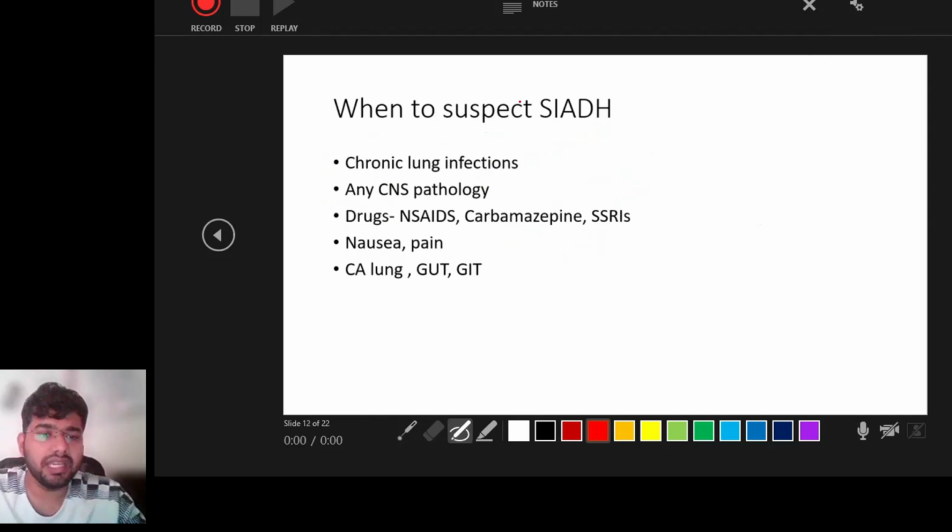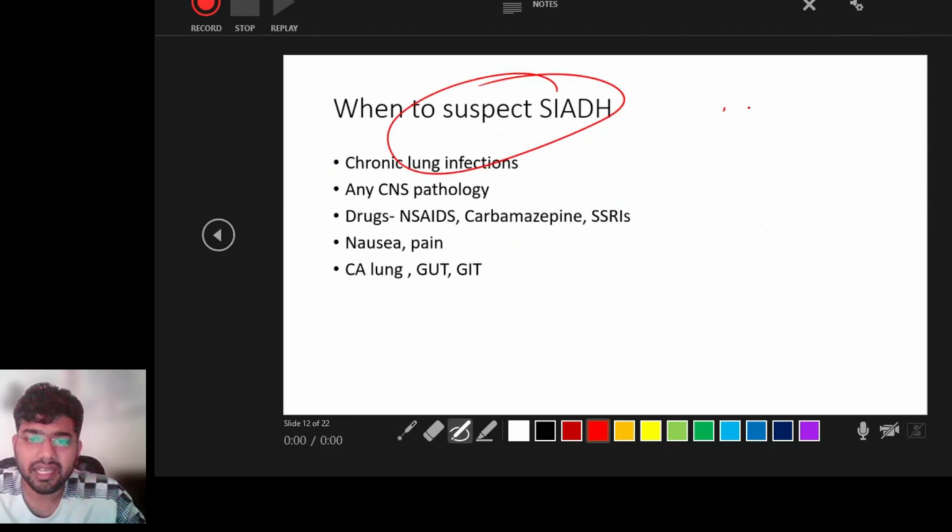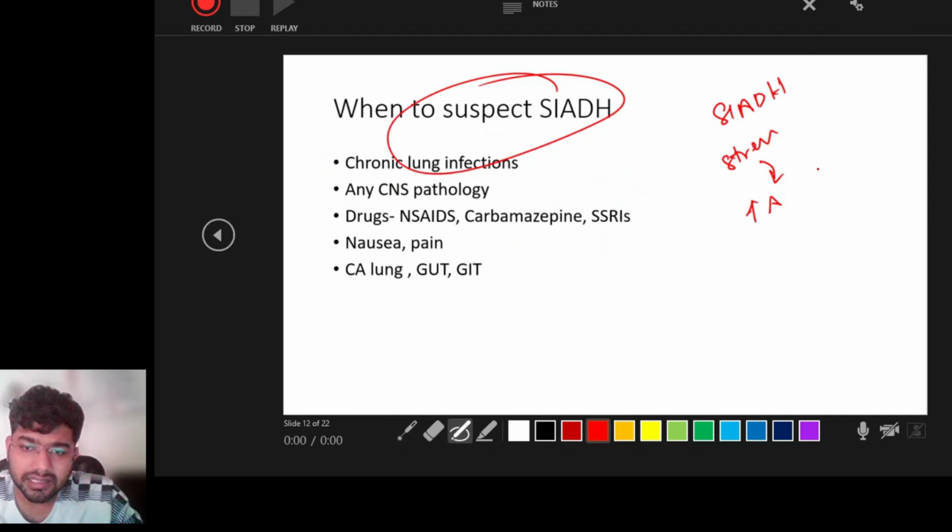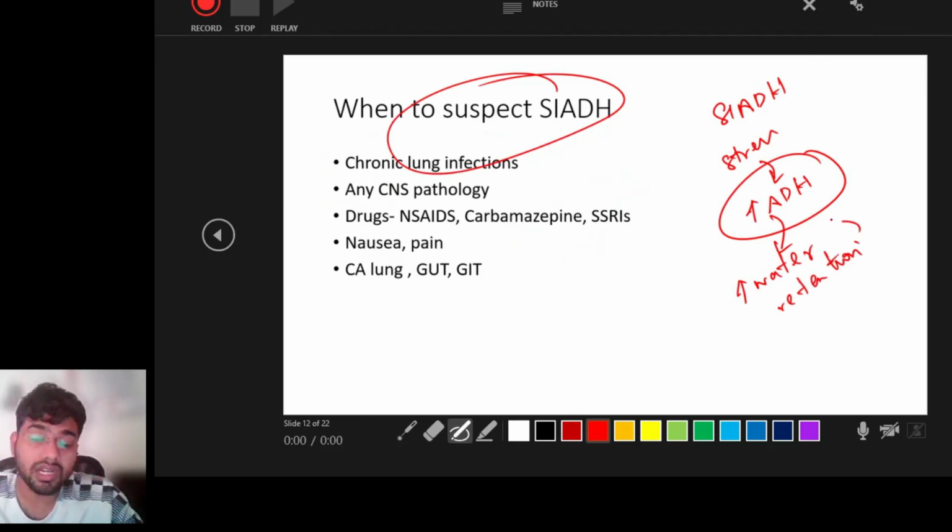So when to suspect SIADH? Coming to SIADH, it is a syndrome of inappropriate antidiuretic hormone secretion. Suppose the body is having some stress; the stress will lead to an increase in ADH secretion. This can lead to increased water retention. As we all know, hyponatremia is a disorder of excess water in the body rather than excess sodium.